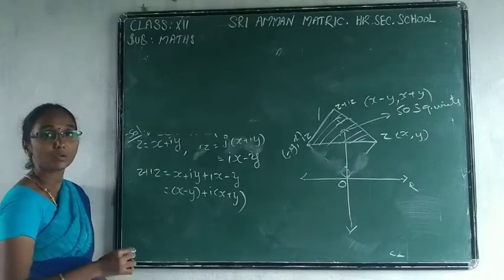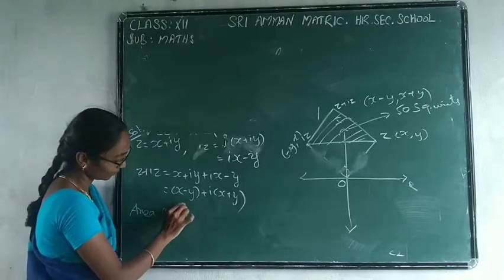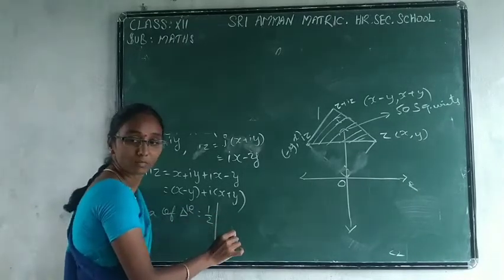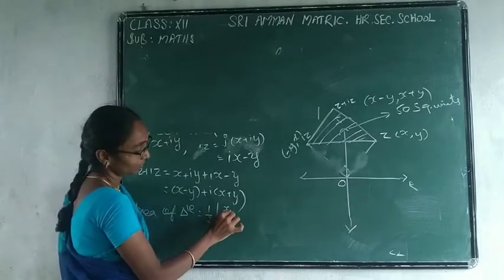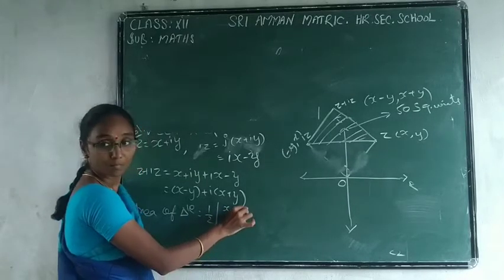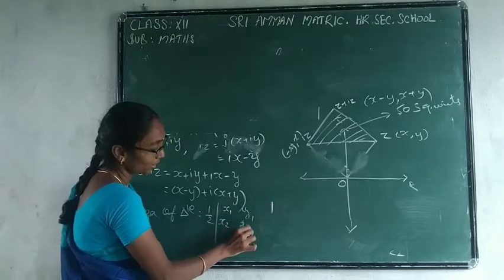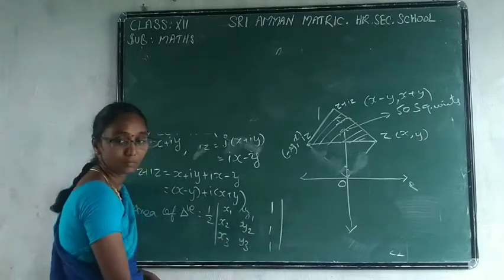You already know the formula. Area of the triangle is equal to half into the determinant with rows x1, y1, 1; x2, y2, 1; x3, y3, 1.